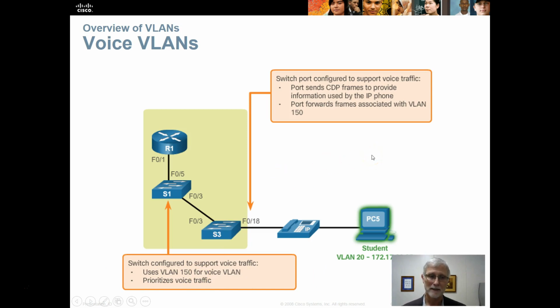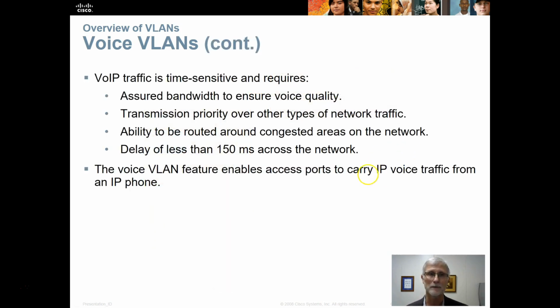But keep in mind, by having a different VLAN, I can now prioritize my voice traffic at a higher priority, so it gets better response all the way through the router. Voice traffic or video traffic or whatever traffic you want, you can set priority to that port number.